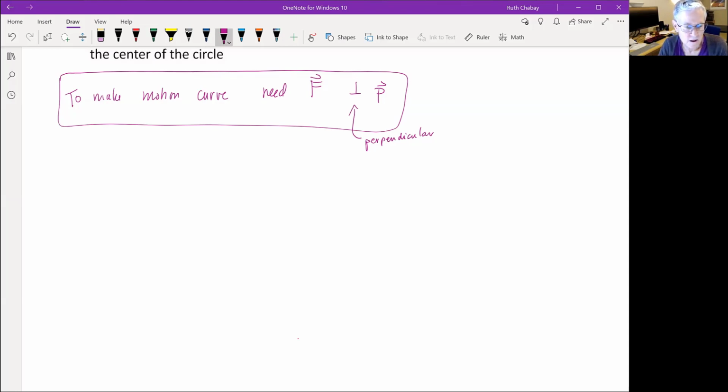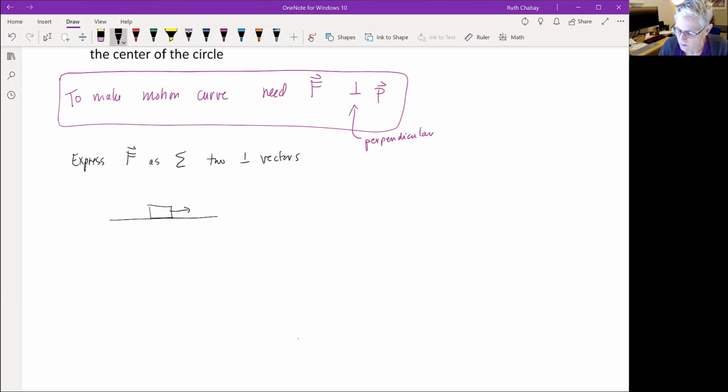So in general, we saw last time when we talked about friction forces that we could express a force as the sum of two perpendicular vectors. So we talked about the force on the table by the block, on the block by the table.